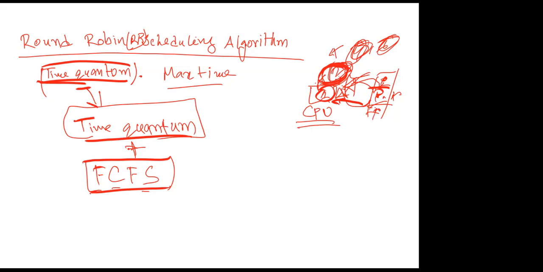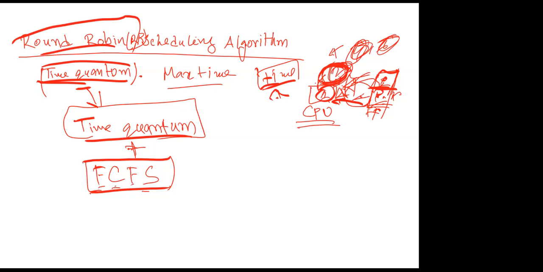From here you can see that, if you think about the implementation, it is first come first serve. Also the time quantum is fixed when you design your operating system. It uses the round robin scheduling algorithm and applies FCFS, first come first serve.